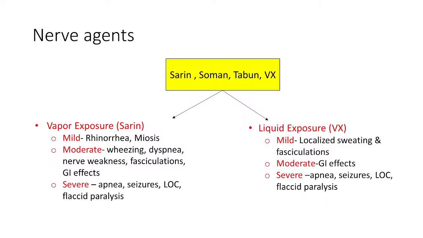Anticholinergics. Most of the time they give 2 milligrams of atropine, 600 milligrams of pralidoxime and 10 milligrams of diazepam as an antidote. And trust me, this nerve agent is slightly different, though the signs and symptoms are very similar to that of organophosphate poisoning, but the requirement of atropine and pralidoxime is very, very less.